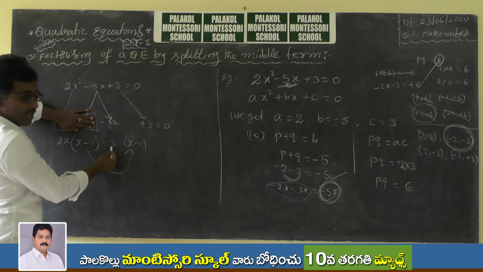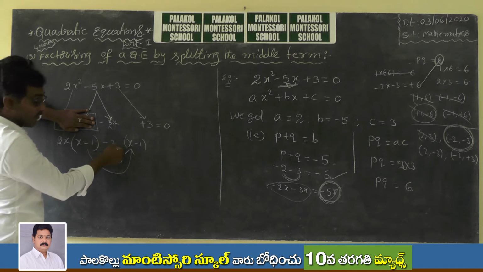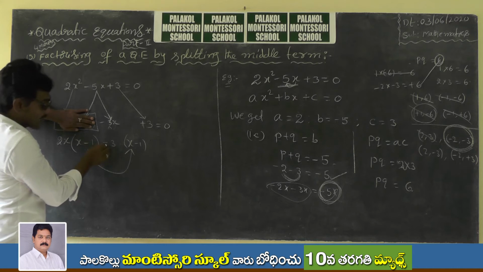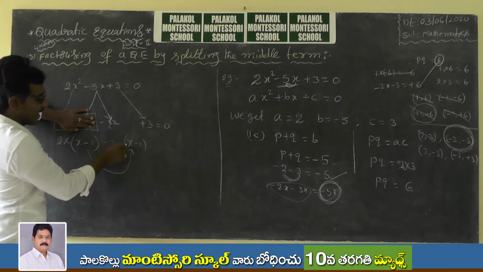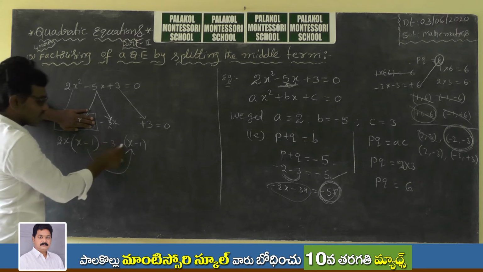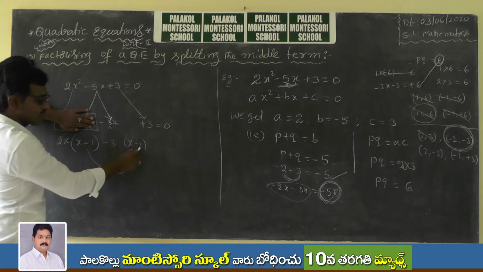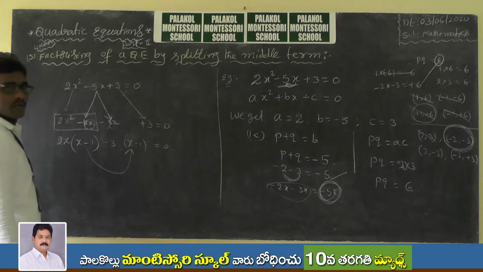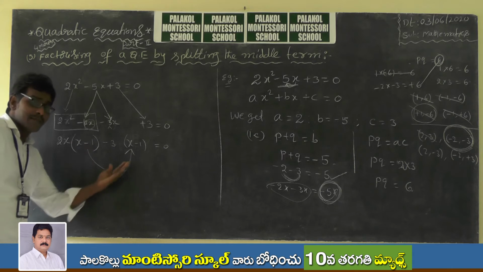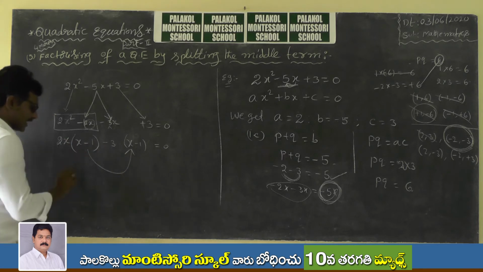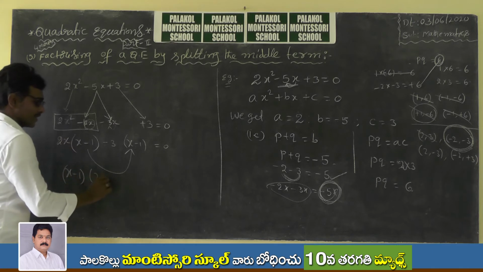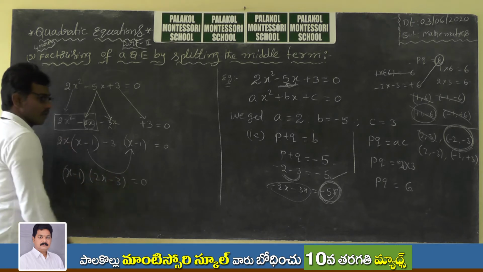Once you check it, it's the multiplication of the bracket terms with minus 3. Minus into x is minus 3x. Minus into minus is plus, 3 ones are 3. That's enough. Equal to 0. So the bracket term is repeated in this case. You take it common, that's x minus 1. So 2x minus 3 equal to 0.